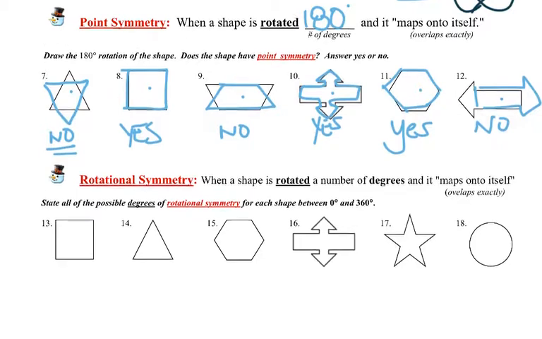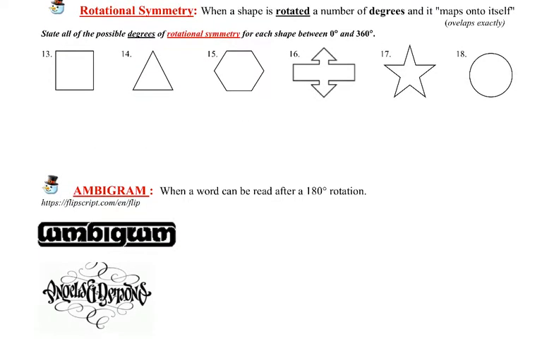The last one is rotational symmetry, and that can be a little tricky, but I'm going to give you a clue about it. We're stating all the degrees, and again we've got this point in the middle, all the degrees that we would rotate this shape around that it would be the same. So not just 180. So how many degrees could we rotate the square or turn it and it would be the same?